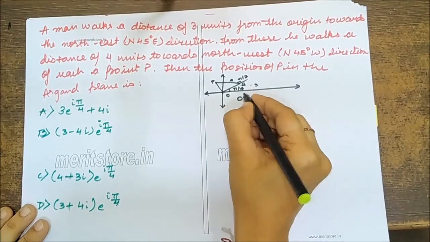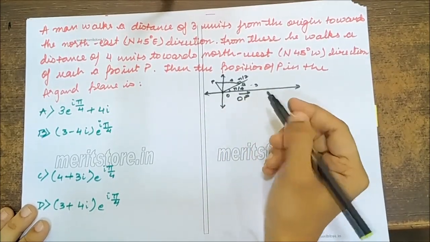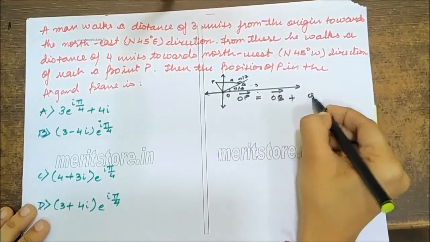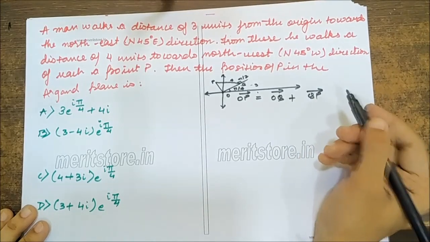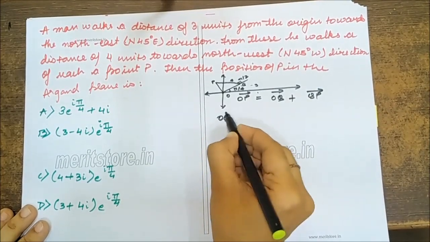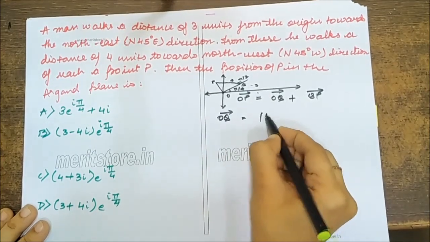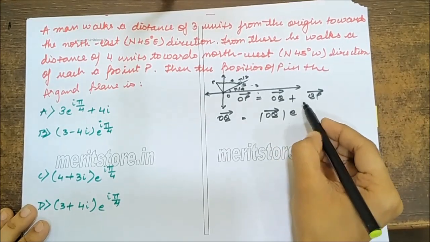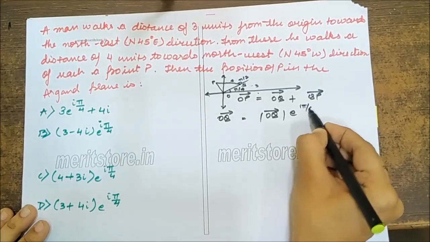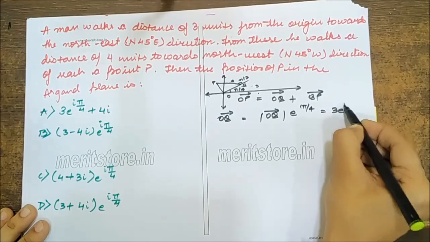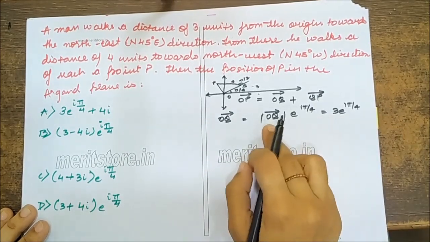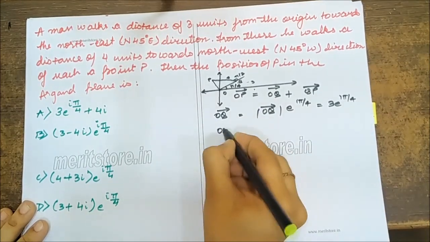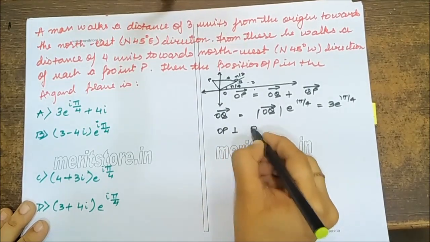OP vectors we have done. OP is equal to OQ plus QP. Also, OQ is equal to modulus of OQ into e^(i pi/4), which is equal to 3 e^(i pi/4), because OQ is 3. The distance is 3. QP is perpendicular to OQ.